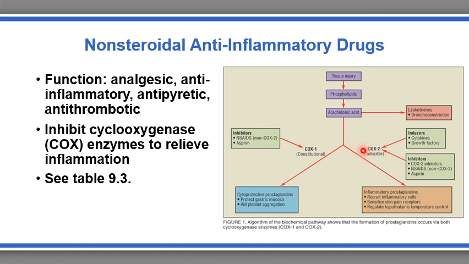The cyclooxygenase 2 inhibitors, which we'll talk about a little bit, only affect this, whereas all of your more traditional NSAIDs eliminate that process at the level where arachidonic acid breaks down into the COX-1 and COX-2 enzymes.